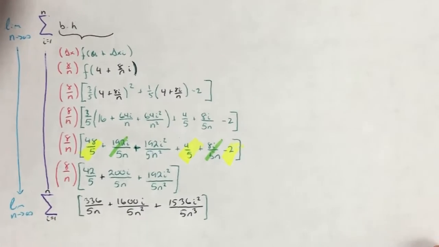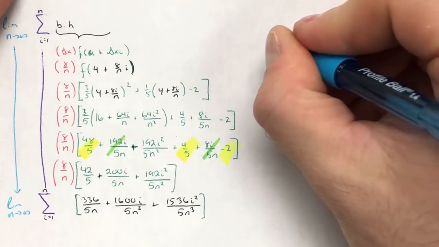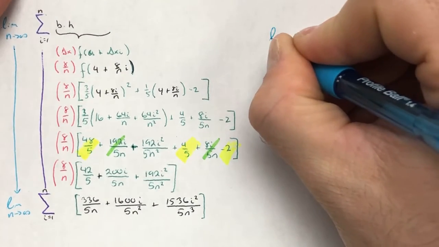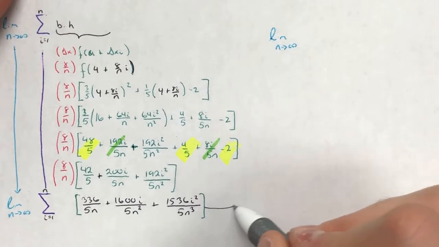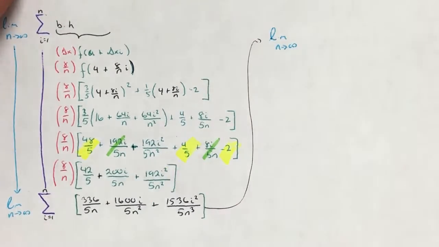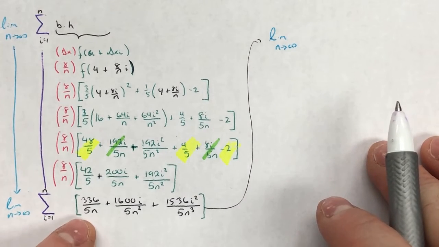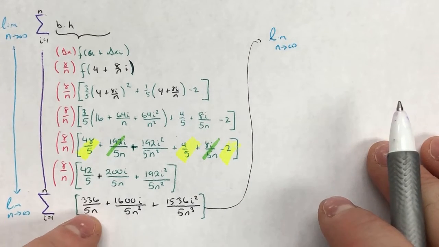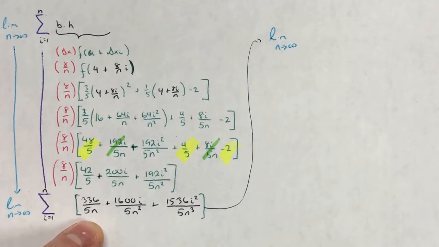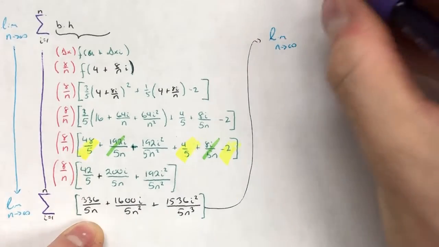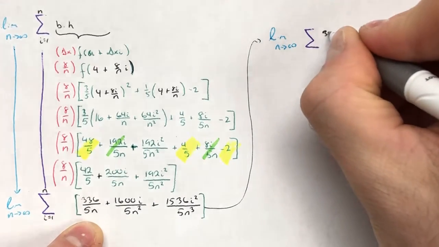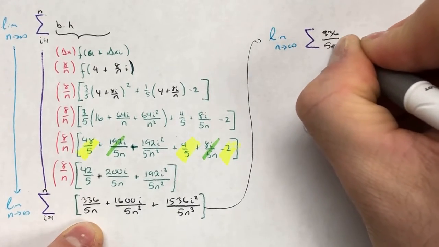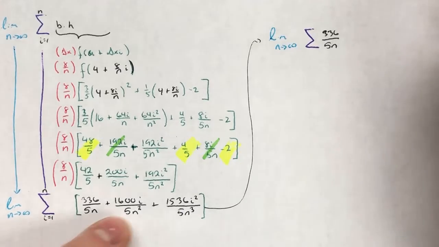So as we come over here to the right, let's go ahead and rewrite our limit as n approaches infinity of this. Okay. The first one is a constant. I don't see an i, which means we're not really counting the rectangles in this one. So I'm just going to go ahead and put the sum of 336 over 5n.